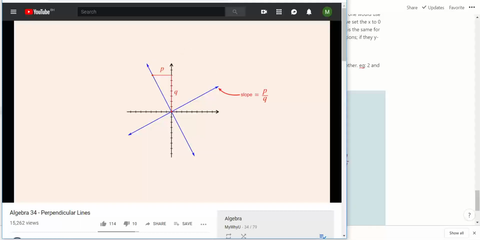For the second line, the slope can once again be calculated from the difference in vertical positions divided by the difference in horizontal positions as we travel from the left point to the right point. This time, the difference in vertical positions is -Q, and the difference in horizontal positions is P.